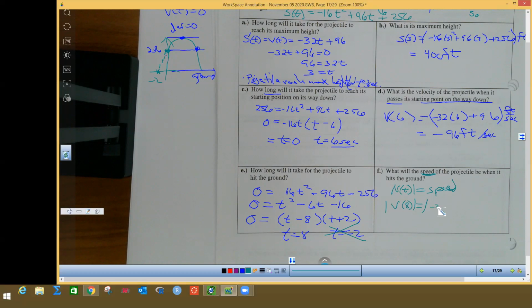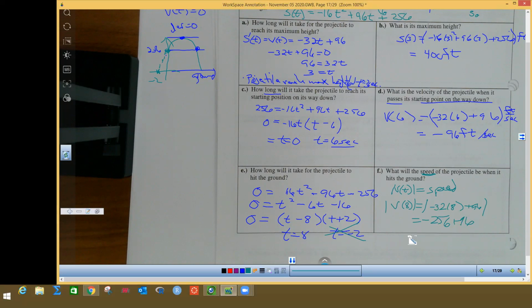of -32 times 8 plus 96. Will someone tell me what -32 times 8 plus 96 gives you? You want me to work it out? Okay, I'll work it out. That's -256 plus 96.